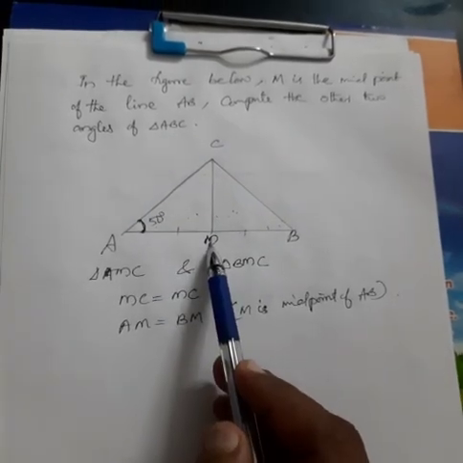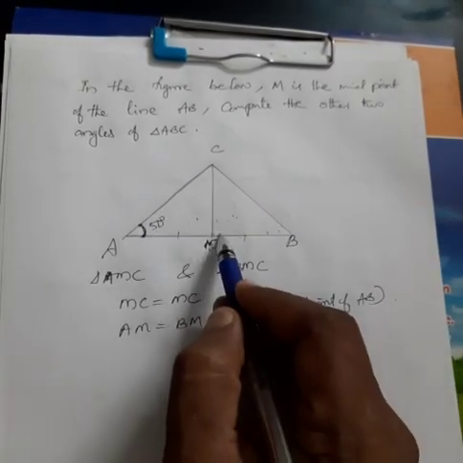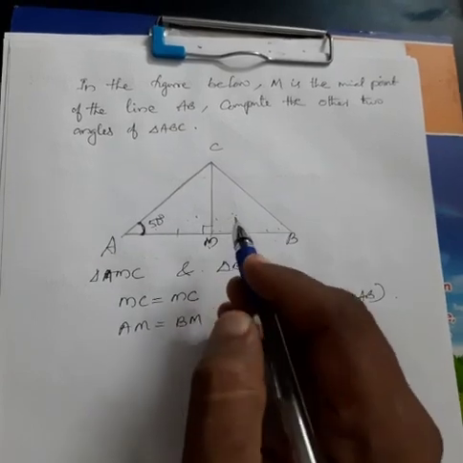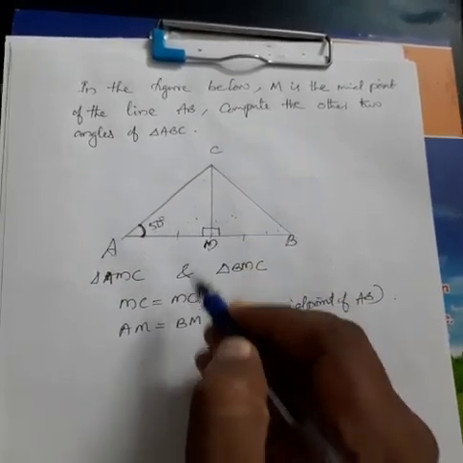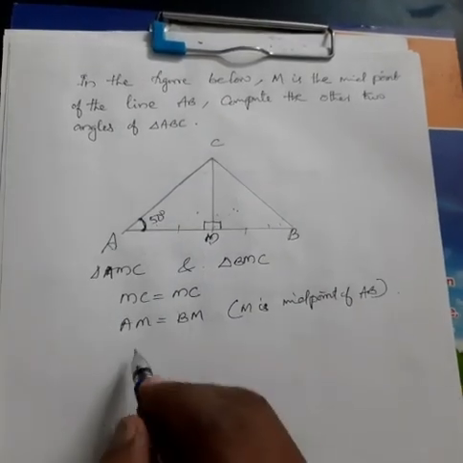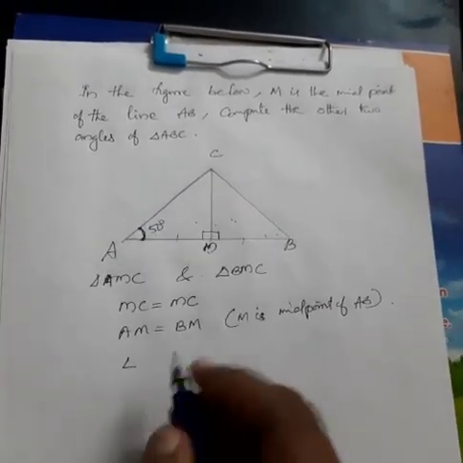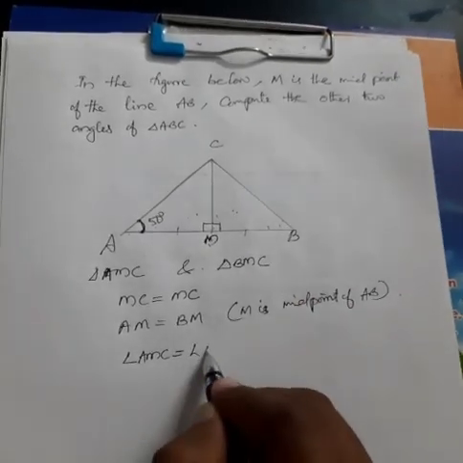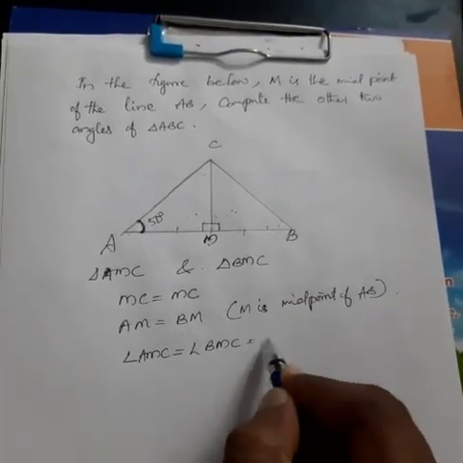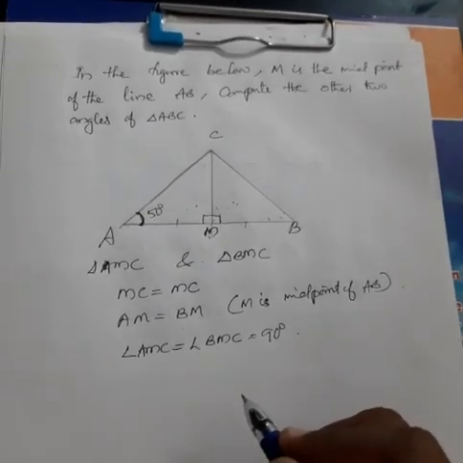And M is the midpoint, so what about these two angles? Here it is 90 degree, here also you get a right angle, 90 degree. So angle AMC is equal to angle BMC. Both are right angles.